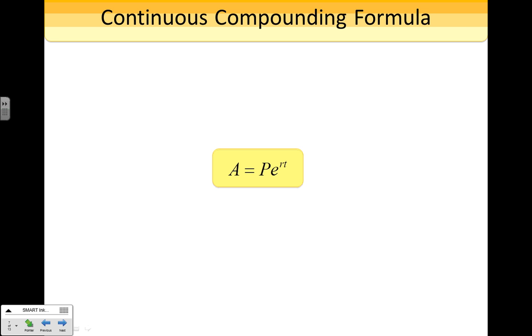So this is our PERT formula. So the amount is equal to P times E raised to the RT. Now, the reason why we use E in this situation, there's this whole long mathematical proof, but just to break it down, as you increase the number of times that you're compounding your interest in a year, so if you go from monthly to weekly to daily to hourly to by minute, as you increase the number of times over and over and over and over, then your ceiling, the highest you can get is that E value.